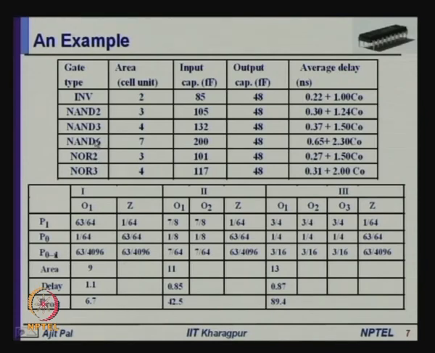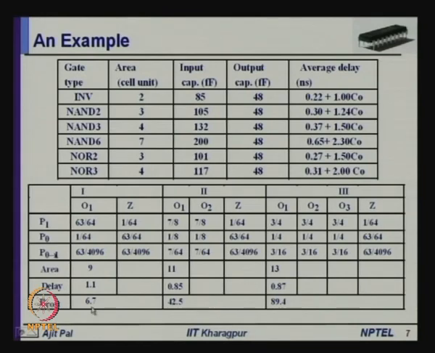Actually here it will be a NOR gate, I have made a mistake, I have written NAND anyway. So, area is 9, delay is 1.1, you can calculate delay for both the gates using these equations, and you will get 1.1 nanosecond, and the power dissipation is equal to 6.7.